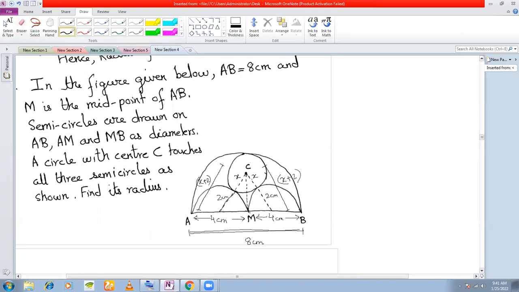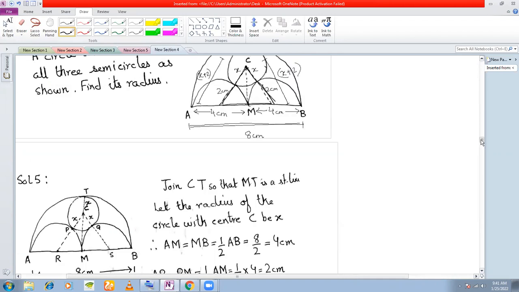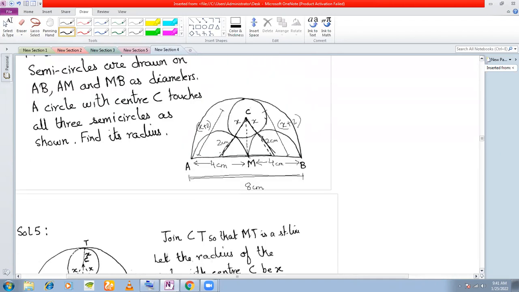If you see this triangle here, what do these lengths suggest about this triangle? This length here is X plus 2, and this length here is X plus 2. Let's call this point R and this point S. What can you say about triangle CRS?